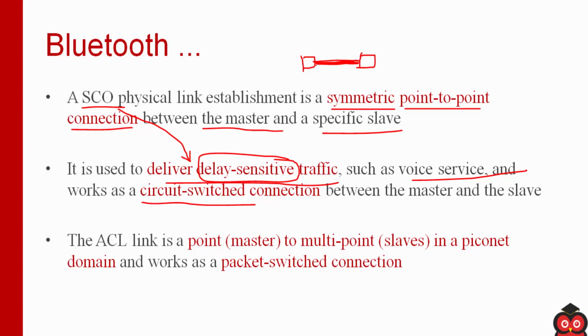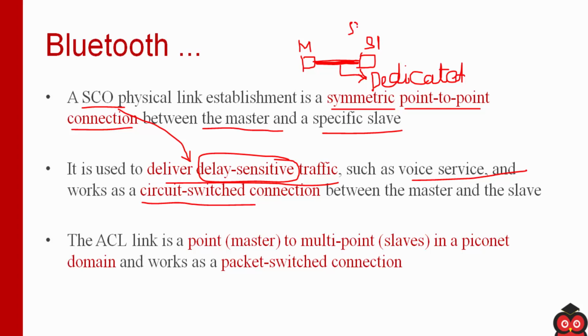Circuit switched connection means the path between the master and slave is a dedicated link. No other slave will use this link to communicate with the master. Let's say this is slave 1.